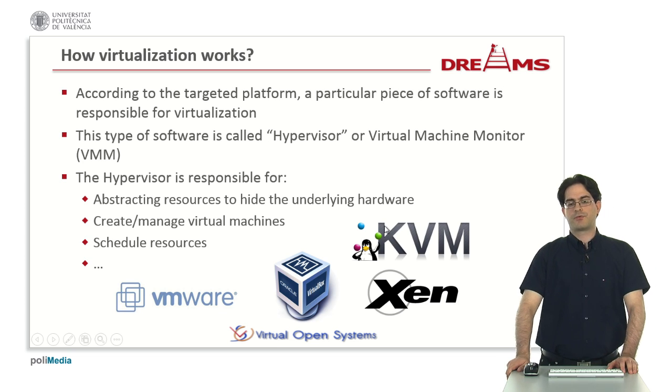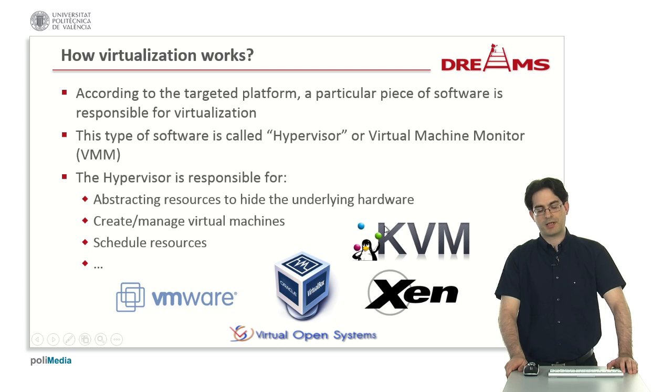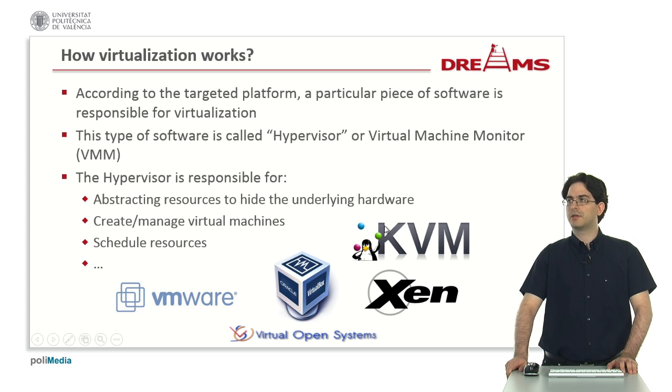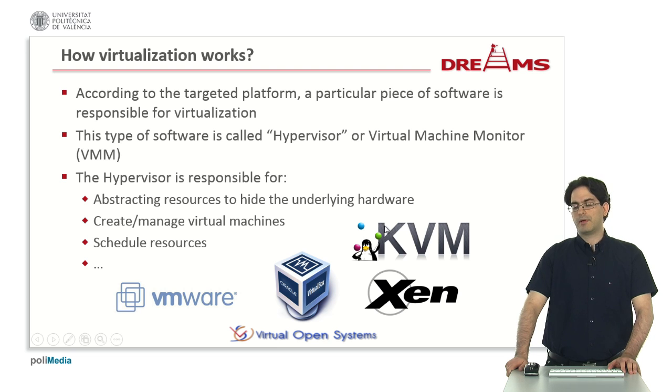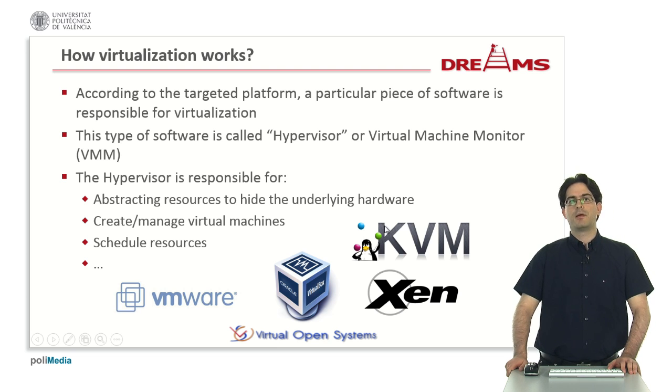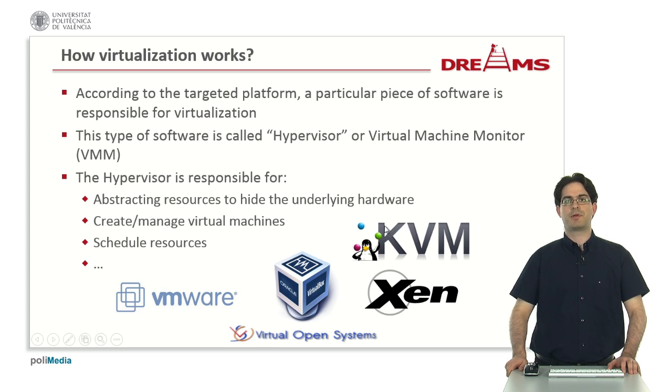So the next question, of course, after the use cases and what is virtualization and why we need it, is how virtualization works. It depends, of course, on the target platform and the system that we have to replicate. But basically, virtualization is implemented through a specific software called a hypervisor or Virtual Machine Monitor.